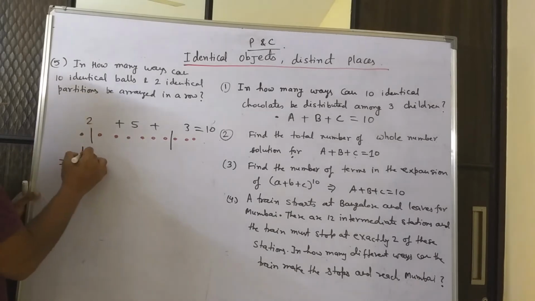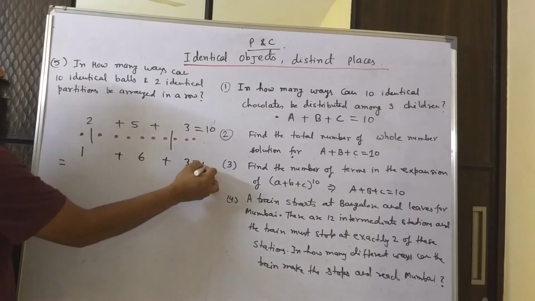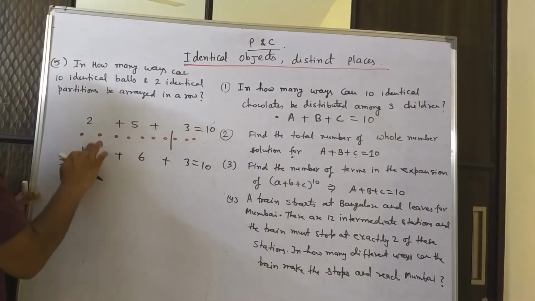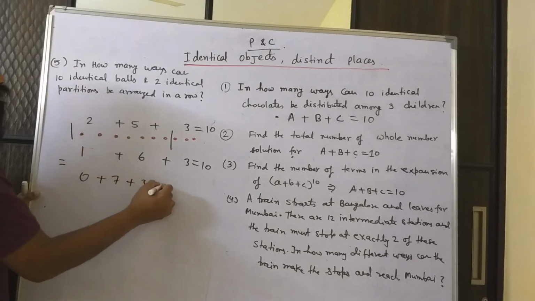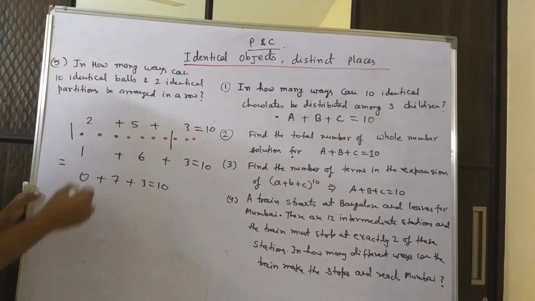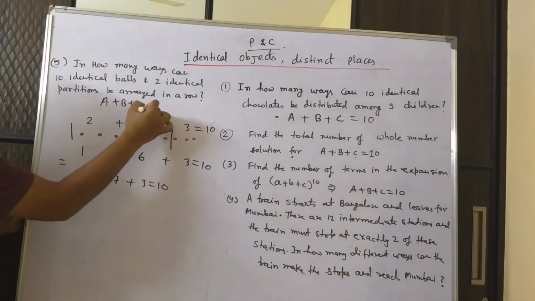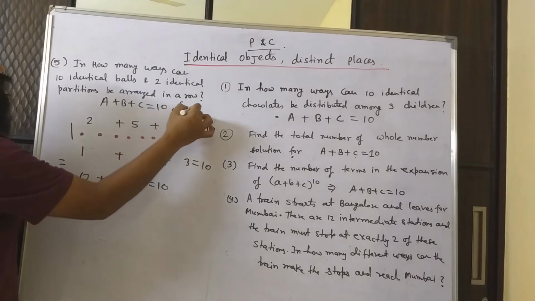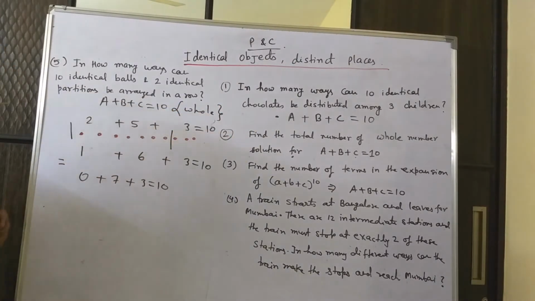Now you got 1 plus 6 plus 3 equals 10. Suppose I take this partition and move it here. Now you got 0 plus 7 plus 3 equals 10. So this is again like A plus B plus C equals 10, where I need to find the whole number solution. So now you saw why all these 5 questions will have the same solution.